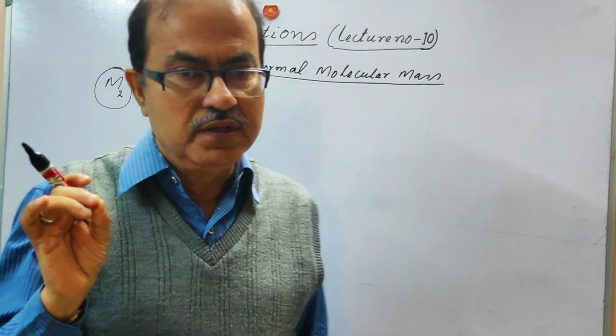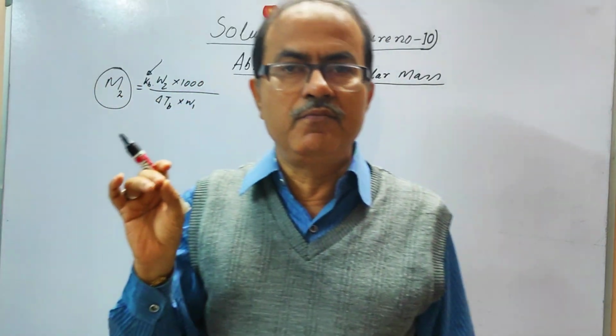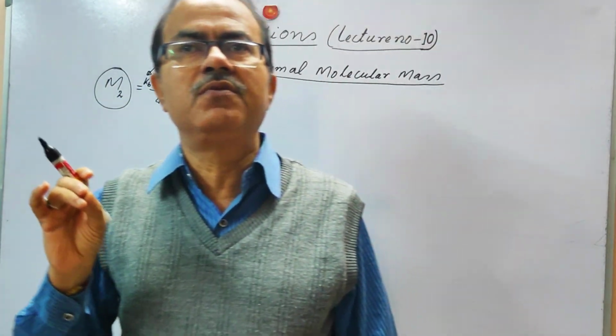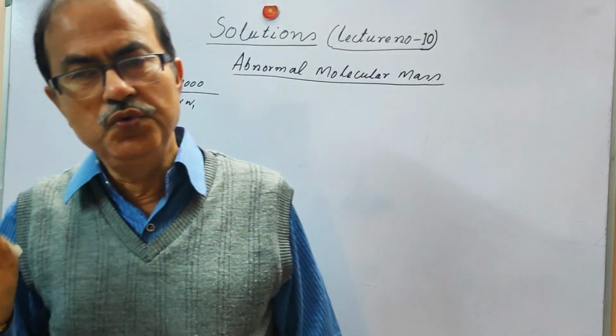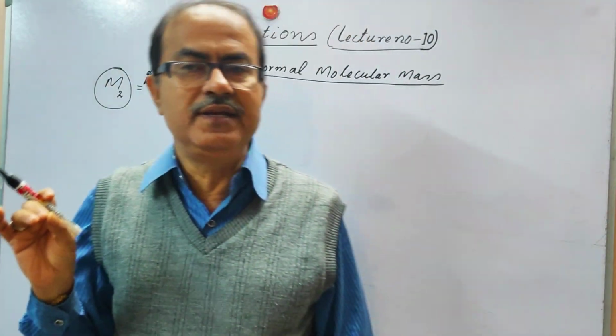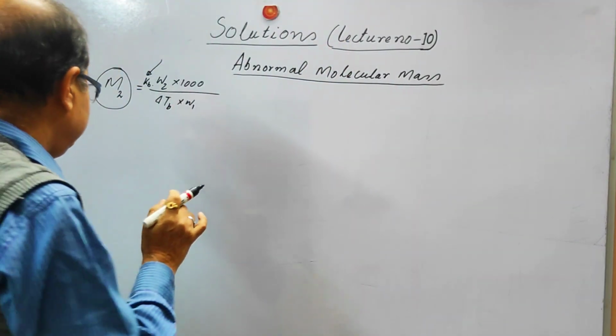For those, if we calculate the molar mass from the elevation of the boiling point or the freezing point, we will not be able to calculate it rightly. How is it so? Let us understand.